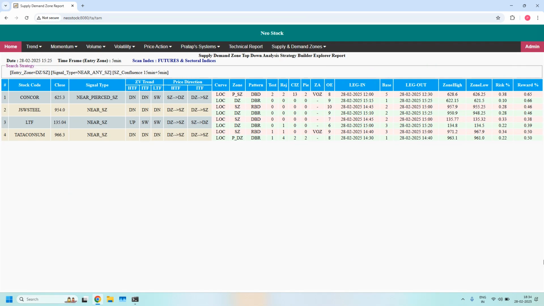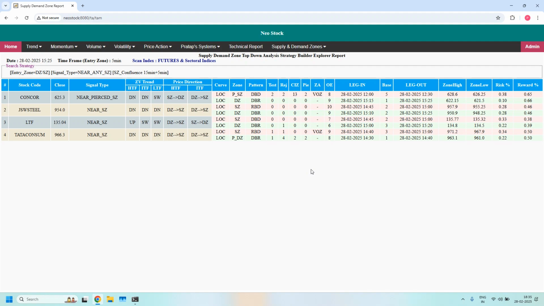With this filter, we got 4 stocks. Out of these 4, first one is invalid because the 5 minutes supply zone is a pierced supply zone. And remaining 3 stocks, 5 minute supply zones are overlapped with 15 minute supply zone. So this is about stocks near demand and supply zones for different time frames.